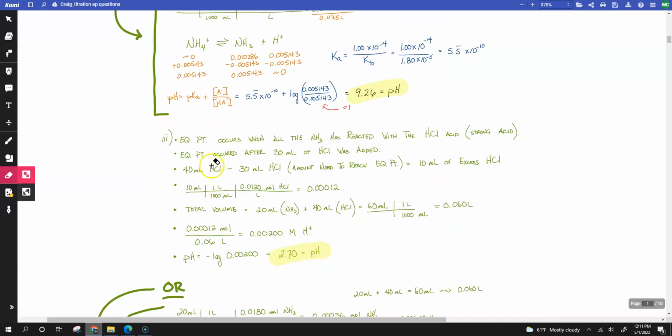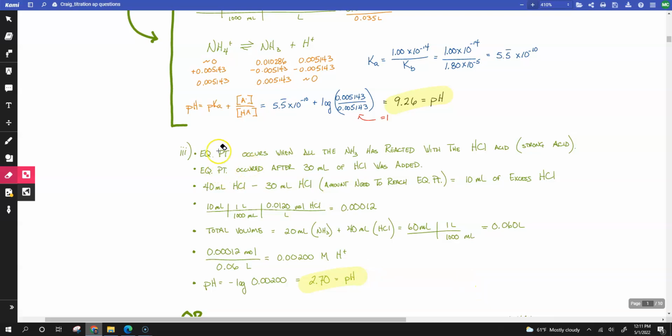So I put some notes on here. At the equivalence point, let me blow this up. At the equivalence point, when all the ammonia, or NH3, has reacted with the hydrochloric acid, which is your strong acid, the equivalence point occurred after 30 milliliters of the hydrochloric was added. 40 milliliters of hydrochloric minus 30 milliliters, the amount needed to reach the equivalence point, means that we have 10 milliliters of excess hydrochloric acid.